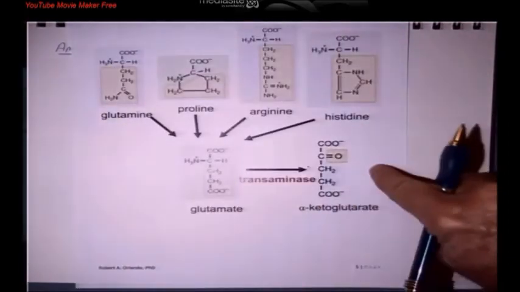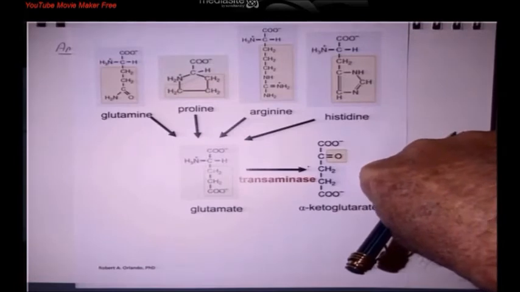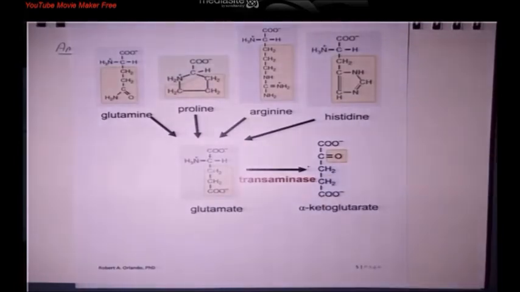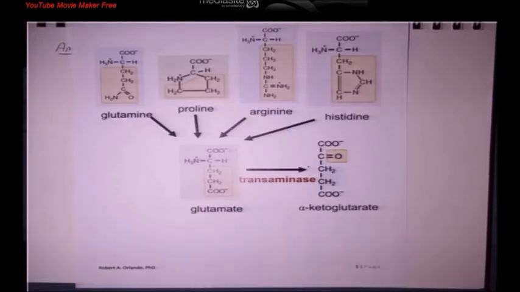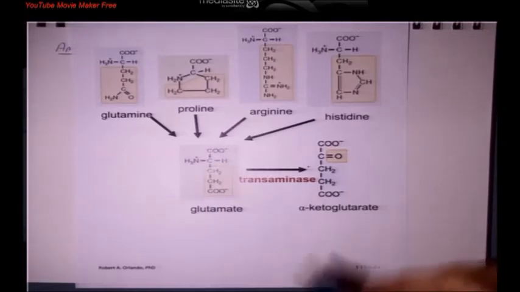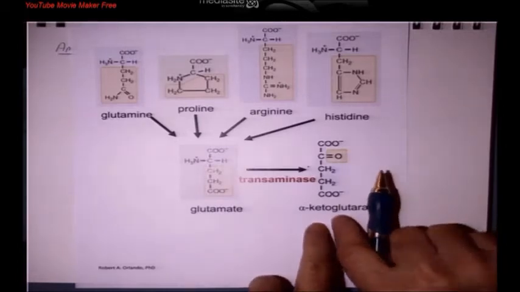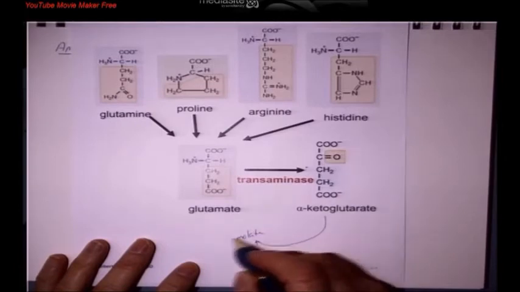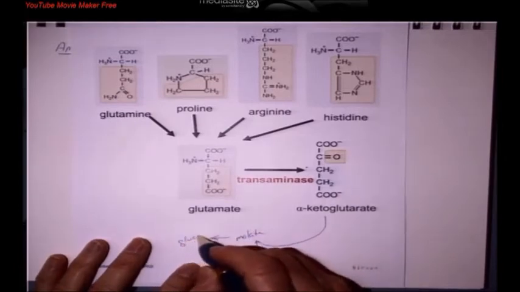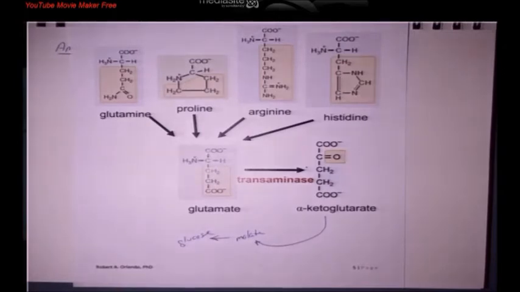So 5-carbon amino acid structures enter a 5-carbon energy-producing molecule. Glucogenic or ketogenic? I think it's ketogenic. Oh, alpha-ketoglutarate. Yeah, glucogenic. Because again, this is going to go into the TCA cycle. The TCA cycle will process this all the way over to malate, and then malate out to glucose production. Okay?